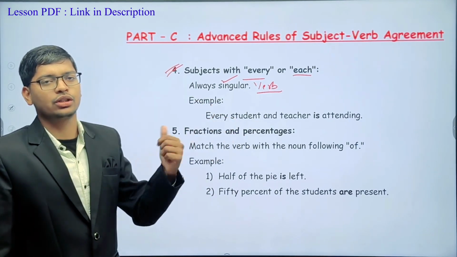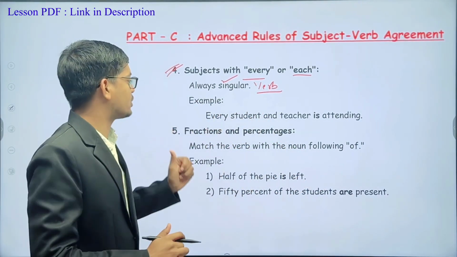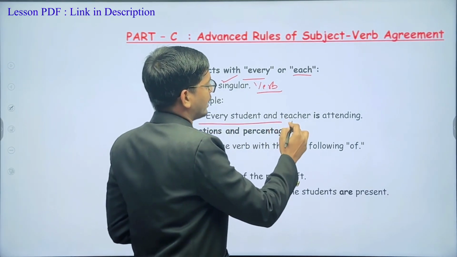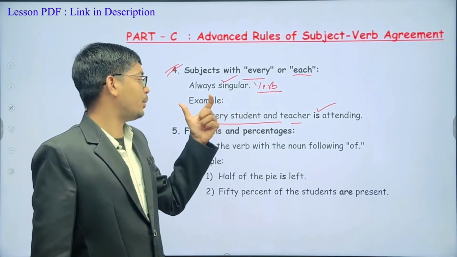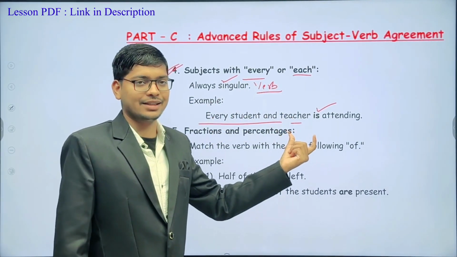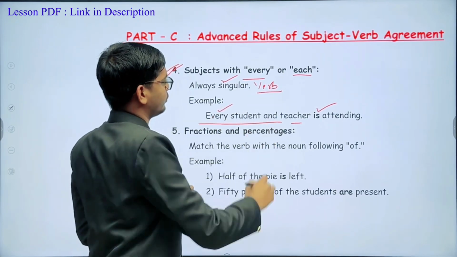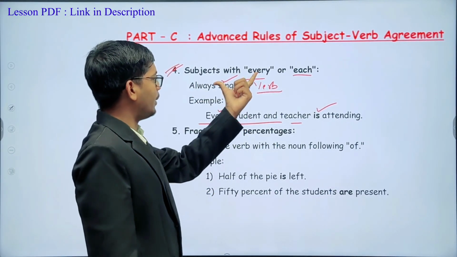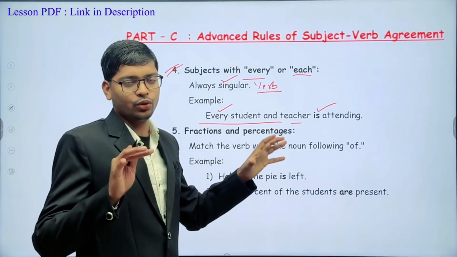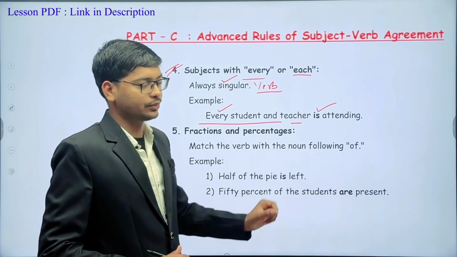For example, every student and teacher is attending. Every student or teacher is attending. Here you can easily understand, with every or each we have to always use a singular verb. So is is correct here.